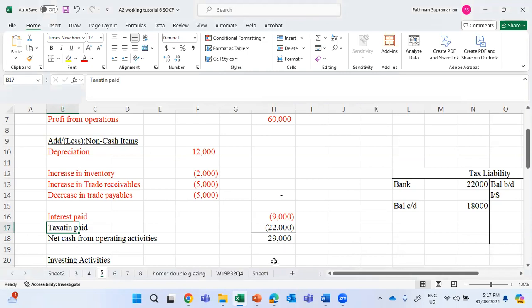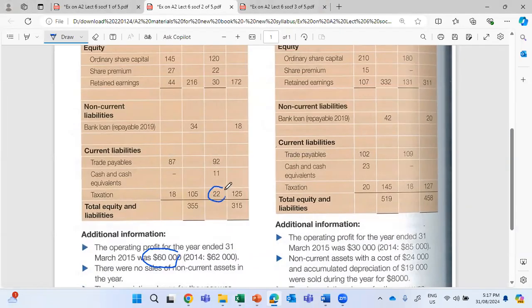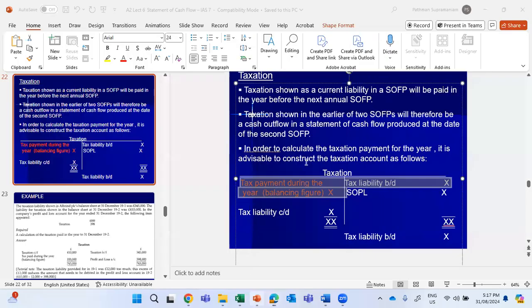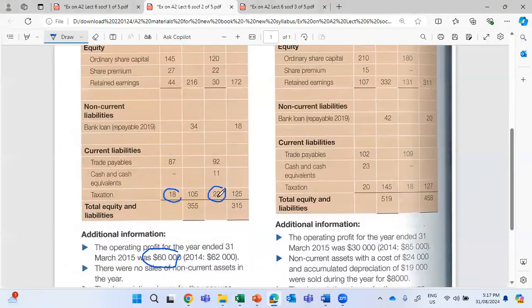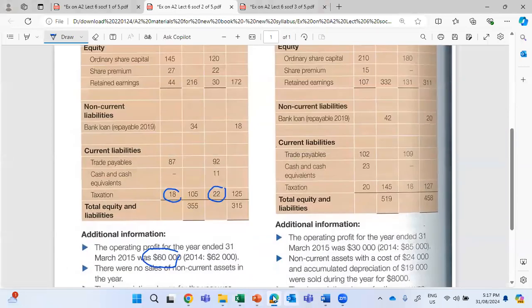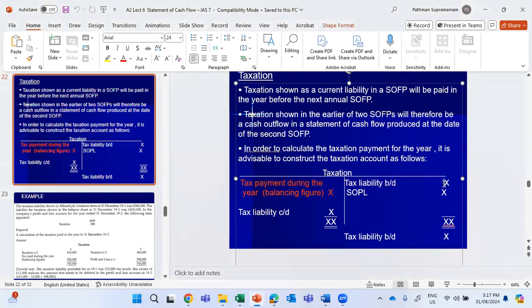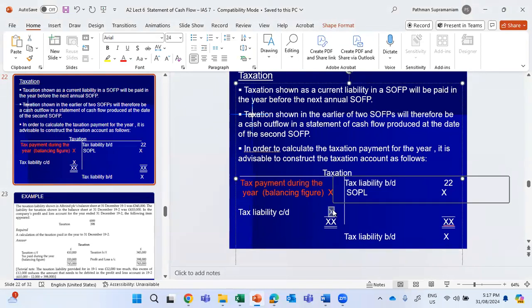For taxation paid, you're given last year's opening balance of taxation liability, and this year's closing balance. As I've explained just now, this 22,000 would be the opening balance, and 18,000 is the ending balance.